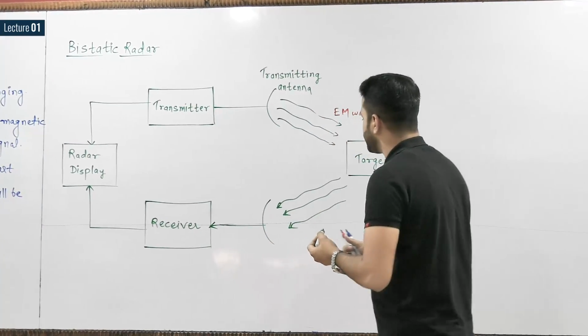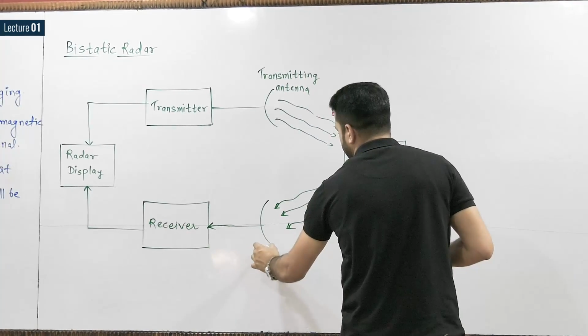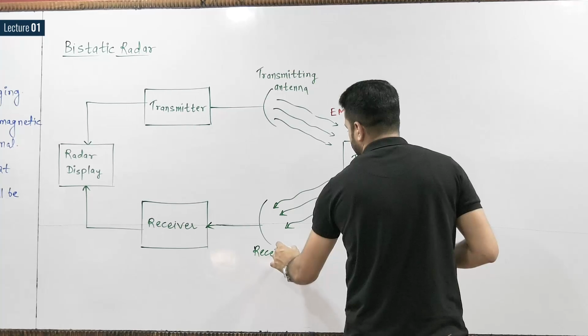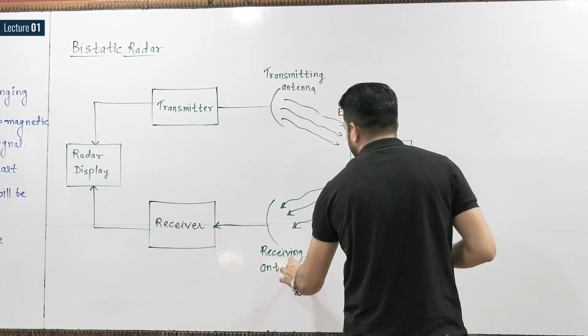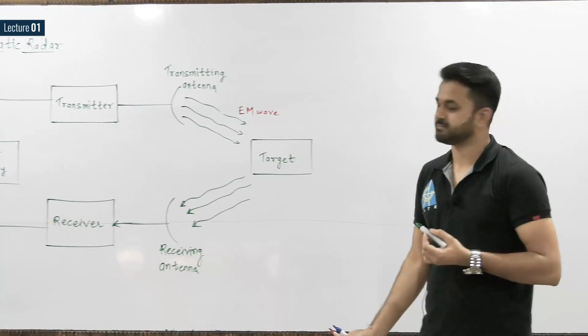So here we are having the receiving antenna. As you can see, this block diagram has two different antennas for transmission and reception.